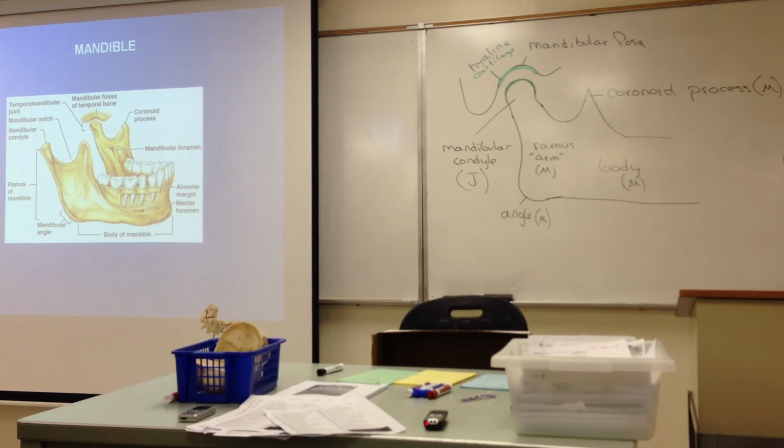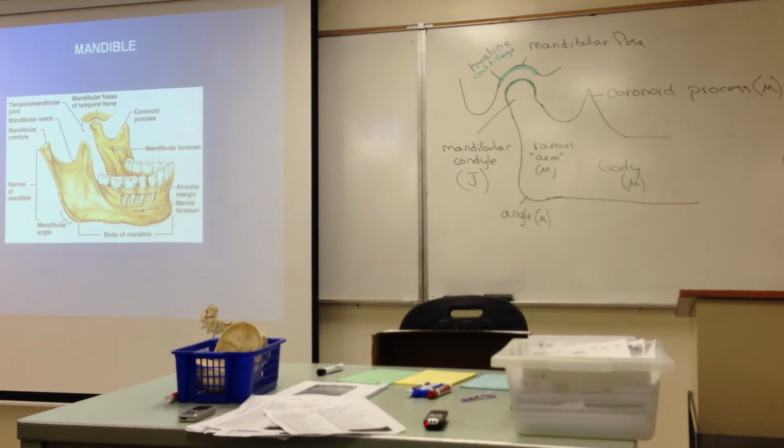Anybody know what genu means, as in genuflect? To bend. So she genuflected in front of the king. Okay, or did a little curtsy. So that bend in the mandible is the genu. And when we get to muscles, we have the genioglossus, the muscle that goes from the genu of the mandible to the tongue.